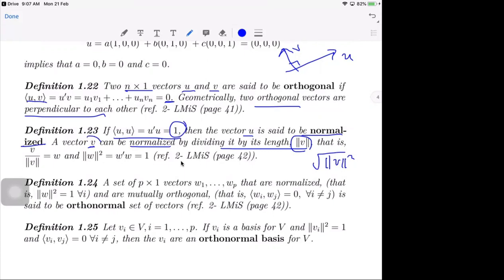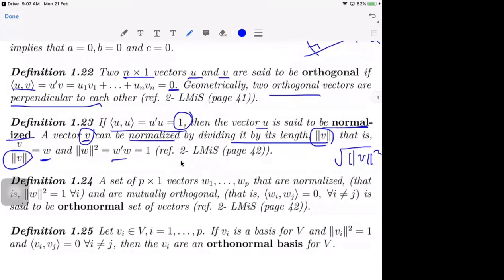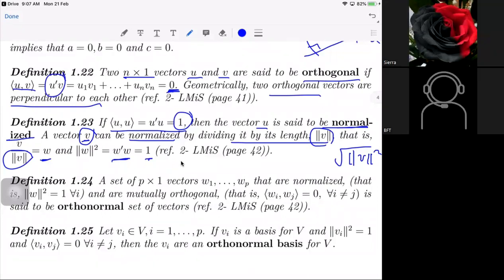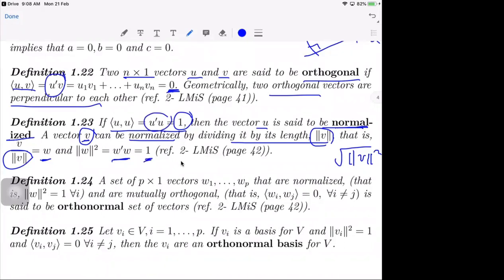So if you have any other vector and you want to normalize it, just divide it by its length, say w, and when you verify its inner product, w prime w, that is equal to 1. So if the inner product of two vectors is 0, then they are orthogonal. If the inner product of a vector with itself, u prime u, is equal to 1, then we say it is a normalized vector.